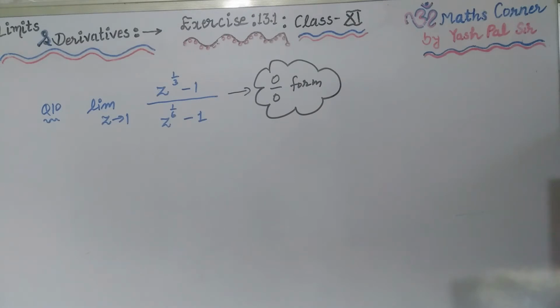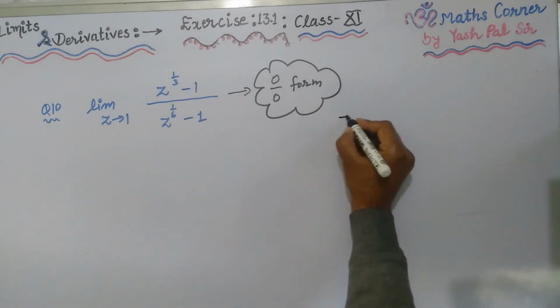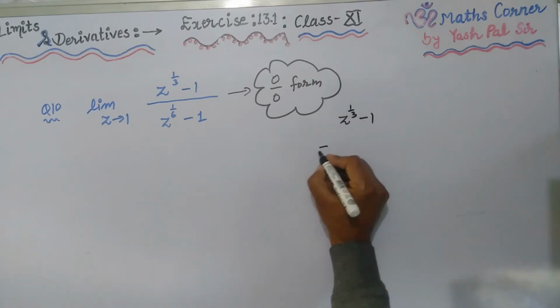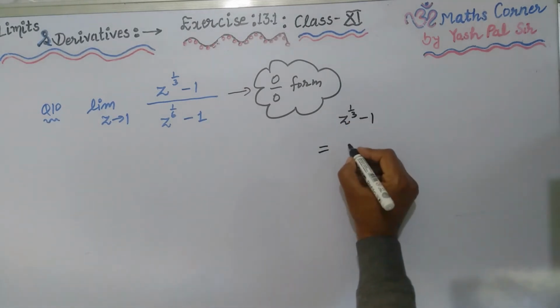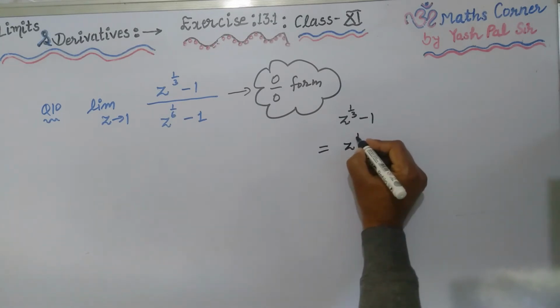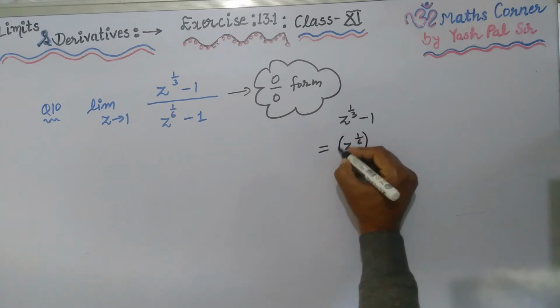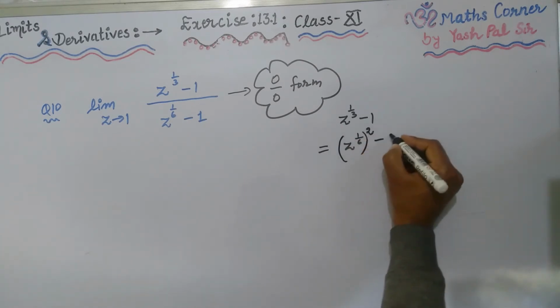So factorization, the very first method we have seen, that we should have the factorization if we can. Let us see z raised to power 1 upon 3 minus 1. What we do here, we can write this as z raised to power 1 upon 6 and its whole power 2 minus 1.